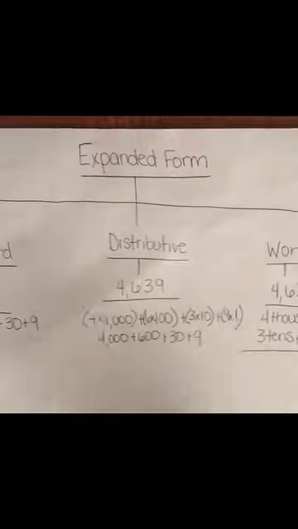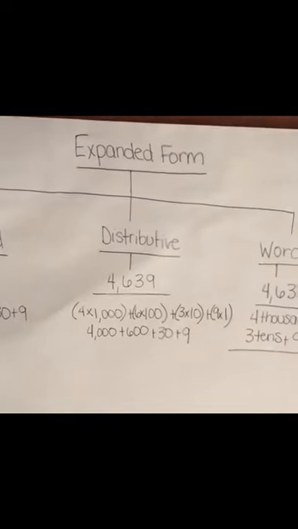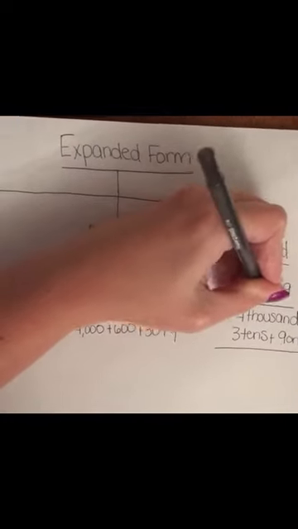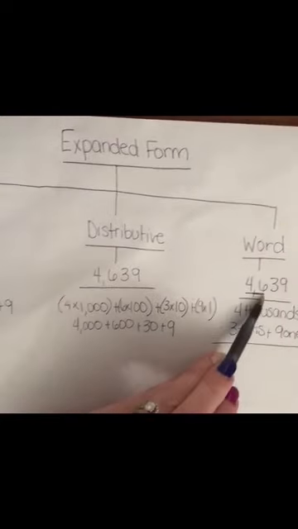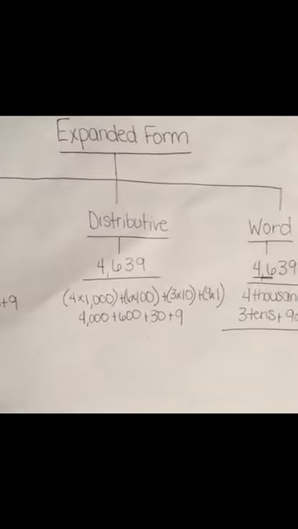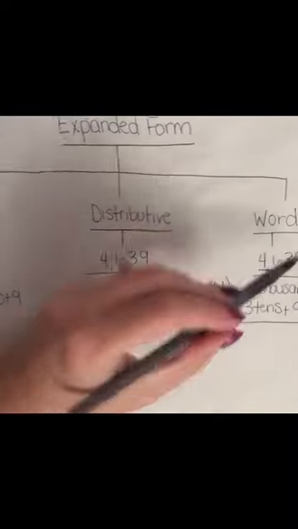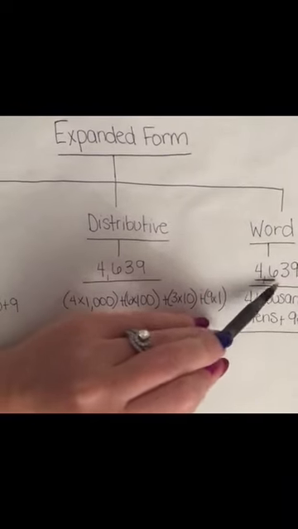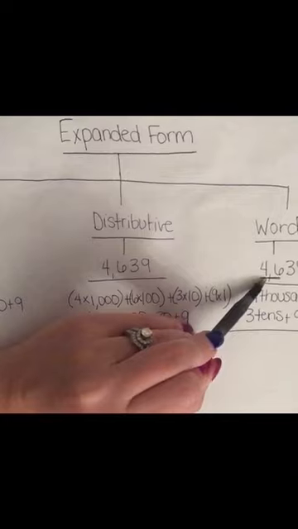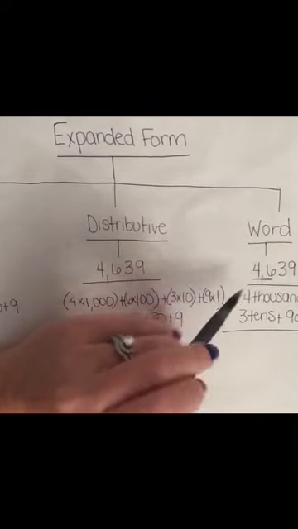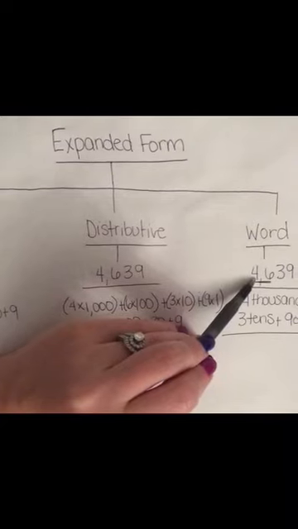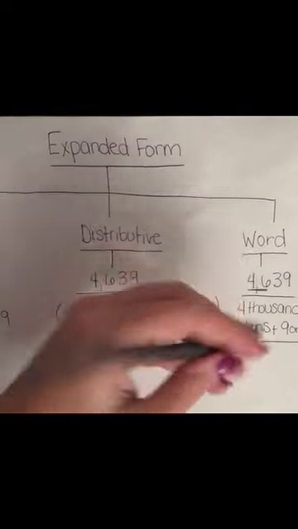Now, we can rename words. For instance, if I look at this, I can say 46. Well, the 6 lands in the hundreds place, and we know from the 10 times greater lesson that the thousands place value is 10 times greater than the hundreds. So 4 times 10, that would be 40 plus the 6.